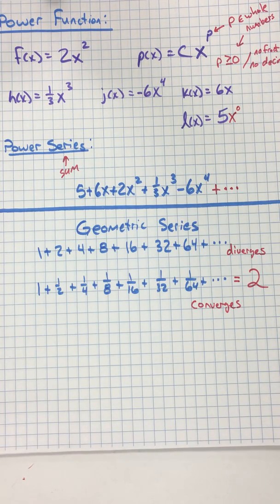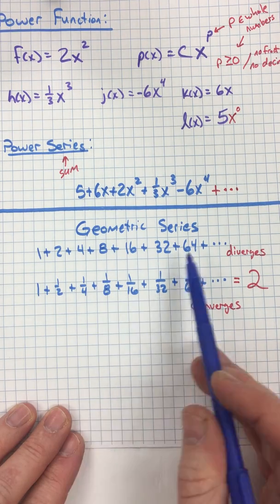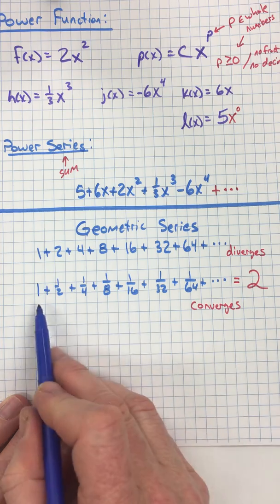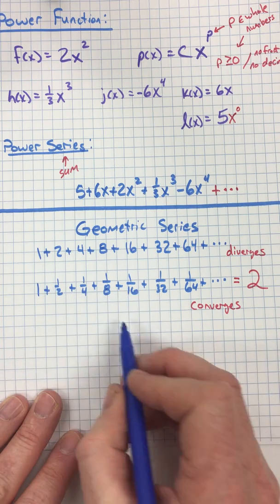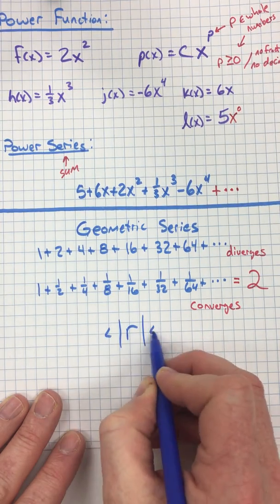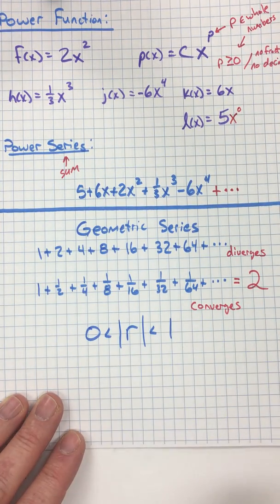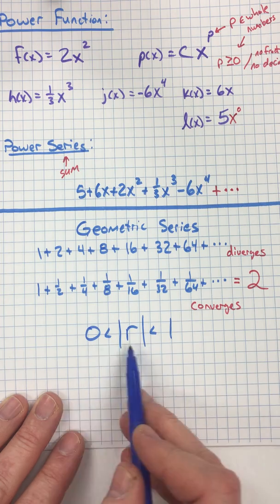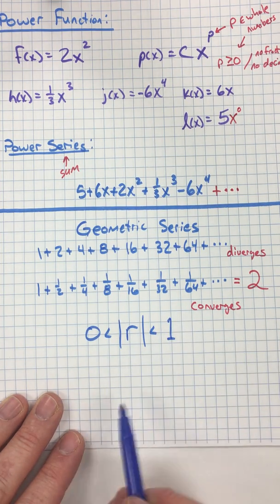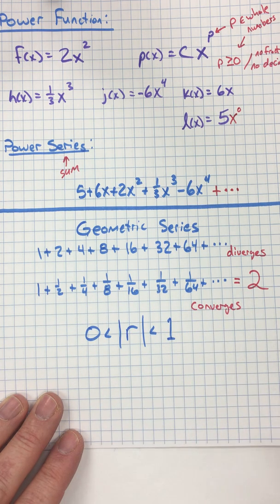And the interesting thing that we're going to use to our advantage in just a second is that a geometric series had two things associated with it. One was a rule to know whether or not it converges. And the rule was, whatever you're multiplying by, which we called the common ratio, the absolute value of that number had to be between 0 and 1. And as long as the absolute value of the common ratio was between 0 and 1, then we knew that this sum was going to converge.